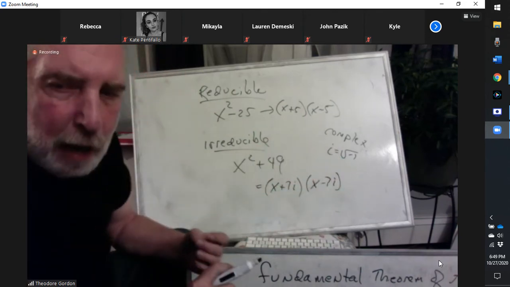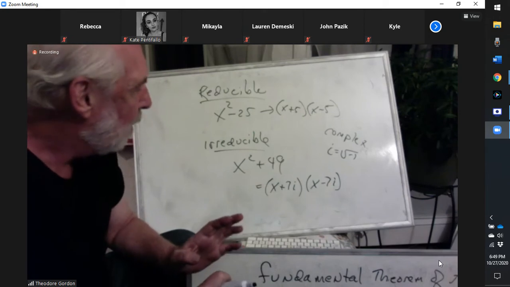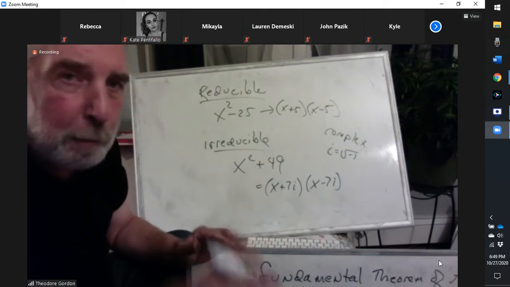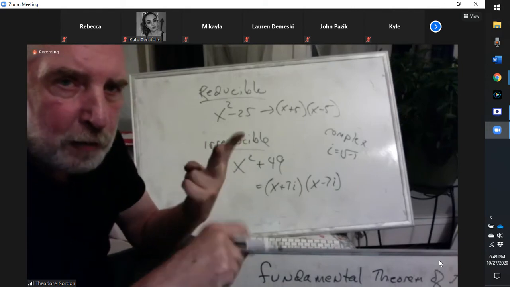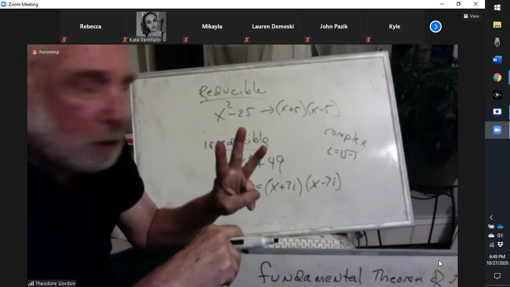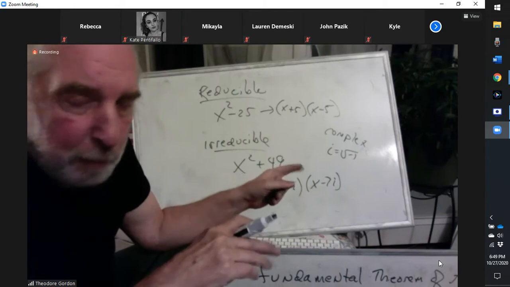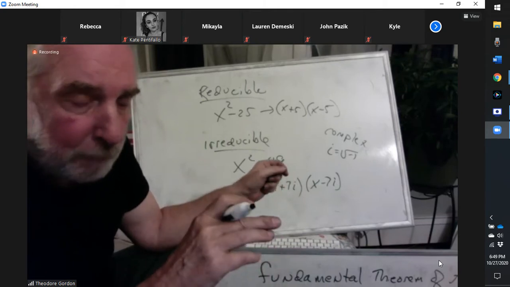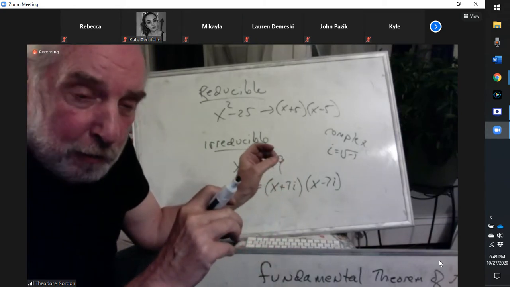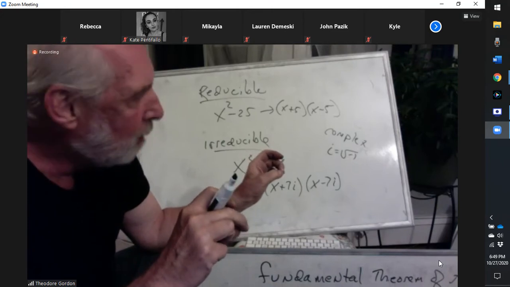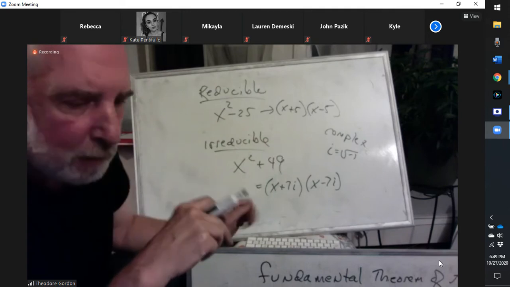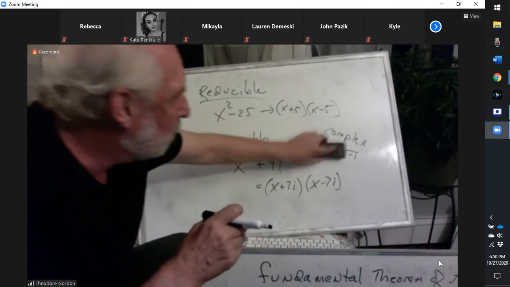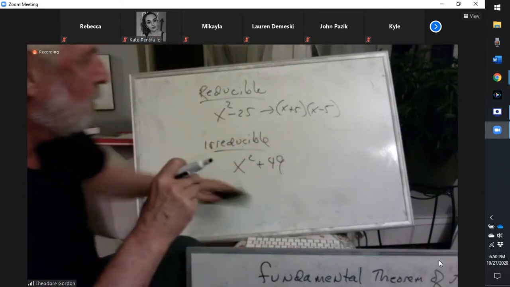So i times i is equal to -1. So they do reduce, but not in our class. In Calc 1, Calc 2, and Calc 3, you won't see complex numbers at all. They don't come up. For those of you going into differential equations eventually, that's the next time you're going to see the imaginary numbers. So for us, that doesn't reduce.